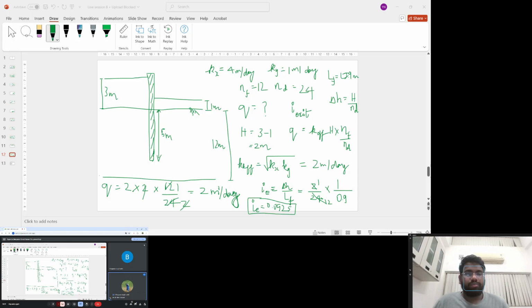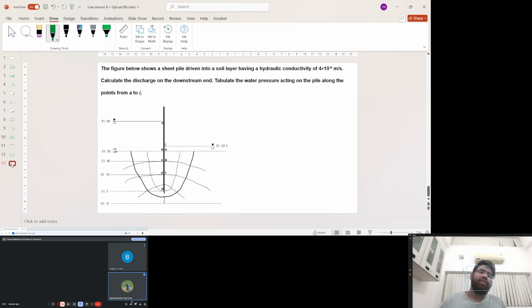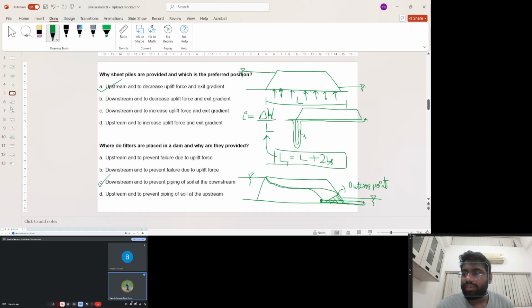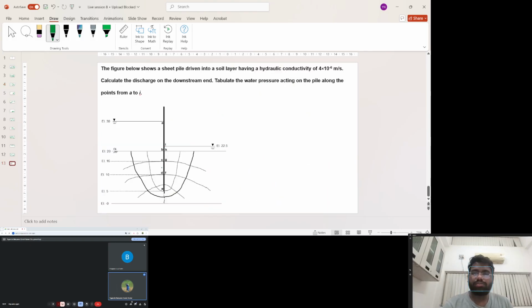Fine. So coming to the last part of this last question here. This is one of the practical applications. In the previous question I discussed the usage of flow nets, how to determine the pressure head or hydrostatic pressure along the flow path. So this question is one of the perfect examples to understand the concepts.